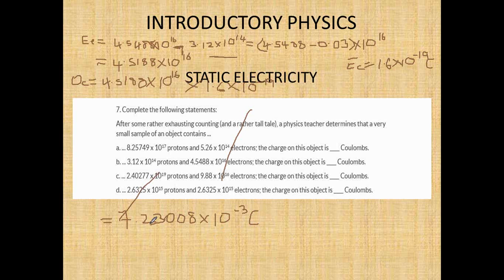Remember, electrons are negative and protons are positive. If you have excess protons, it means that the object is deficient in that amount of electrons. So that's why it's positive. The exercise is the same for all of them.